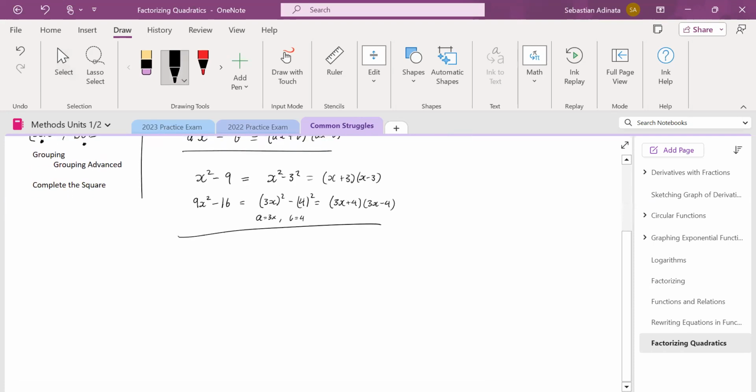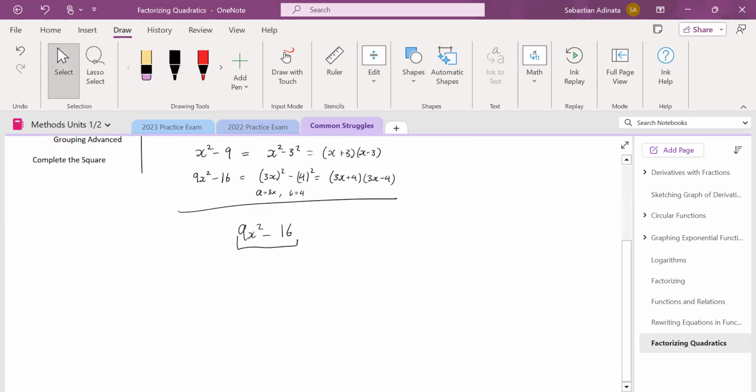So you would use this factorizing method with a quadratic that looks like this. Now, the squared doesn't have to be there, but for example, 9x squared minus 16. Sometimes you won't be given a perfect square, so you may be given 3x squared minus 14.